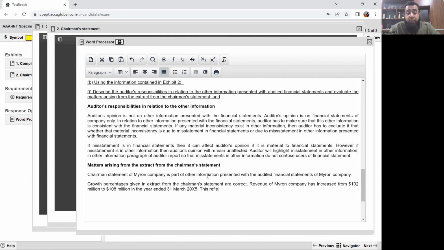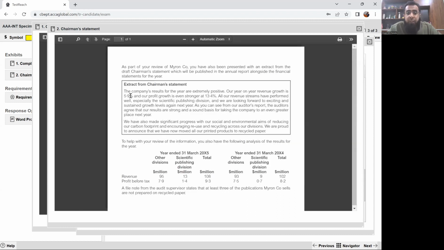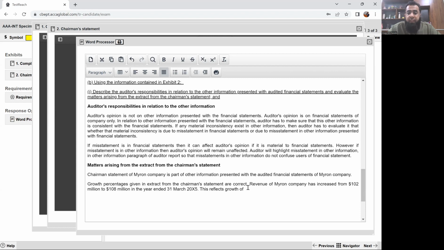This reflects growth of 5.9%. It is 6 million, which is the growth, divided by 102 million of the previous year. So it's 5.88%, and we round it off to 5.9%. This reflects growth of 5.9%, same as stated in the extract from the chairman's statement.